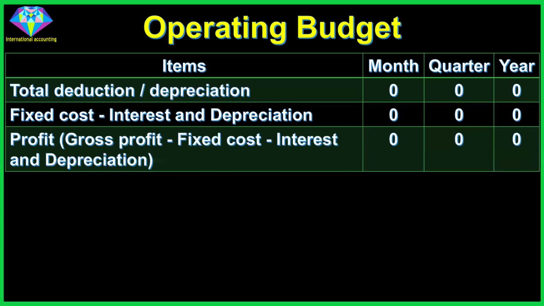Total deduction, depreciation. We calculate the difference between fixed cost and interest and depreciation. The result is profit, gross profit minus fixed cost minus interest and depreciation. This is the final result of the operating budget that the business wants. However, we must make a periodic payment plan to adjust the budget effectively.